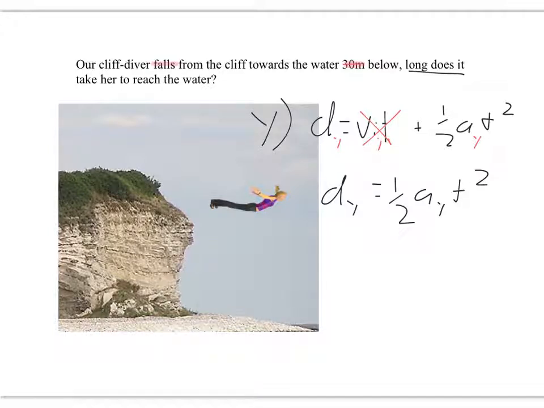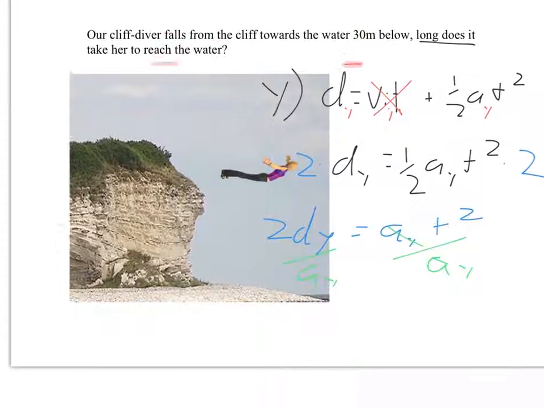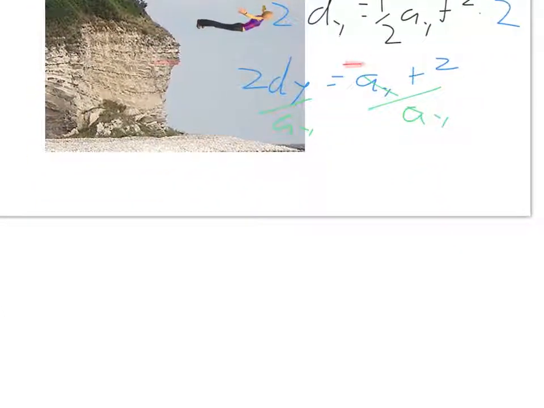First I'm going to multiply both sides of the equation by 2. I'm going to rewrite 2 d_y is equal to a_y t squared. Then I'm going to divide out that a_y, and that factors out there. I'm going to rewrite again.